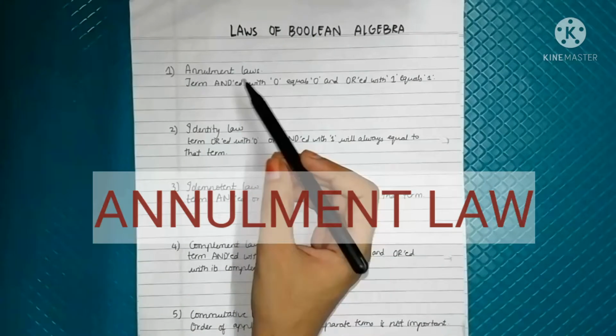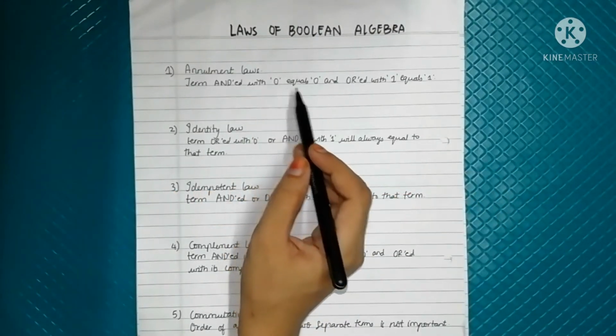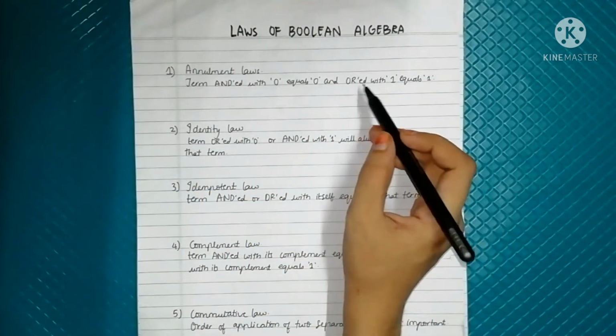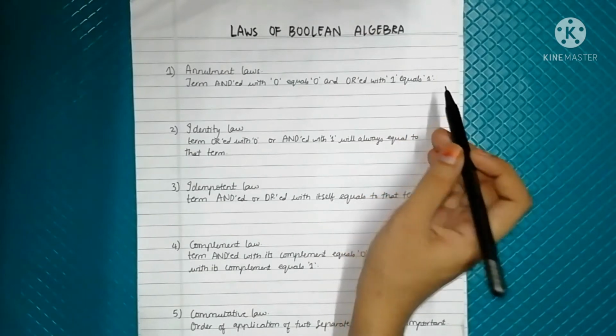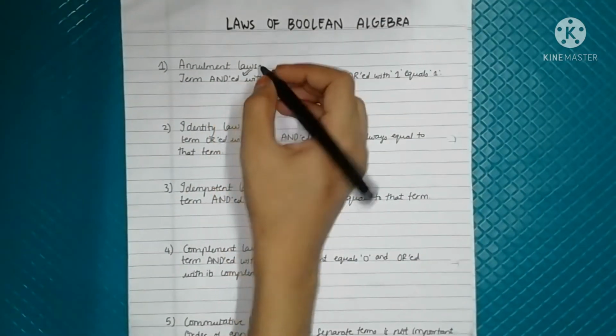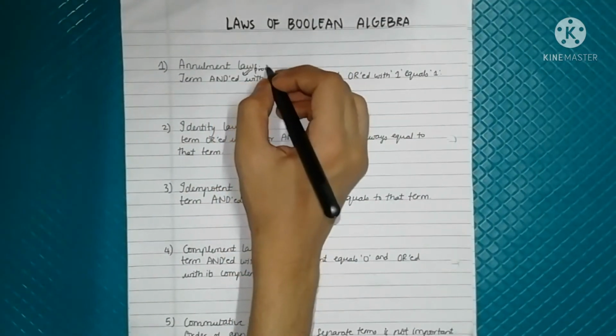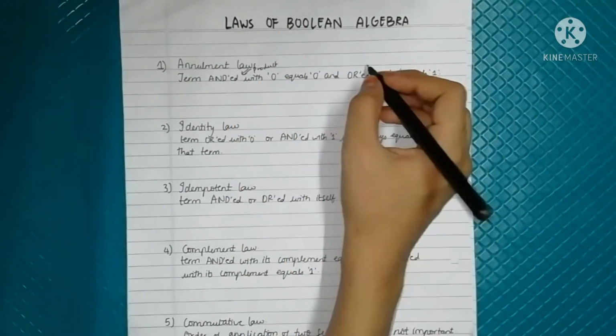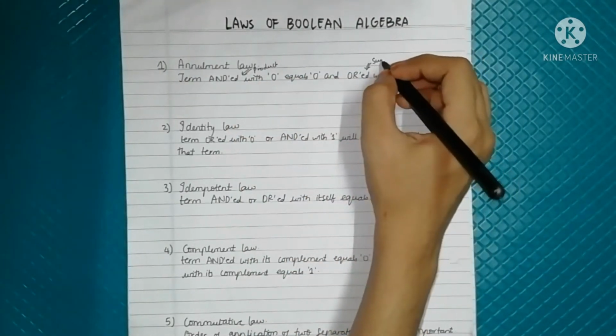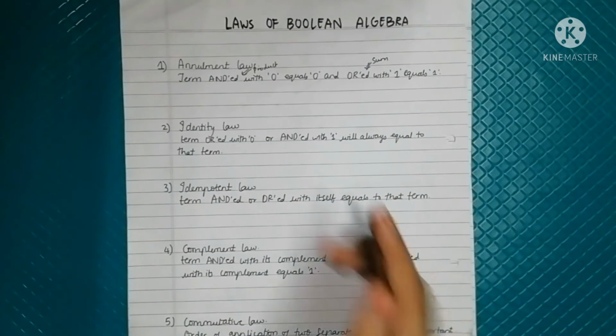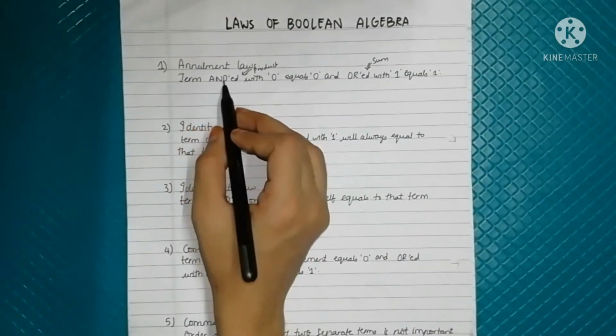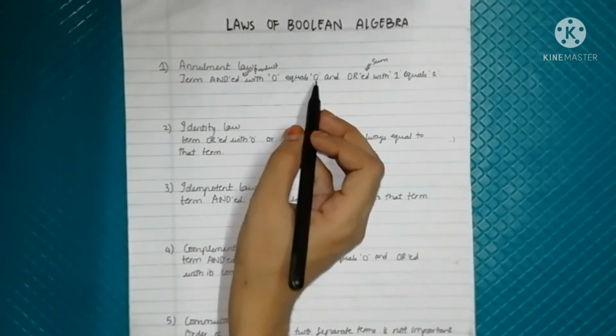This law states that the term ANDed with 0 equals 0 and the term which is ORed with 1 equals 1. Here AND means we are doing the product of the terms, and OR means we are doing the sum of both the terms. So the statement says a term ANDed with 0 equals 0.